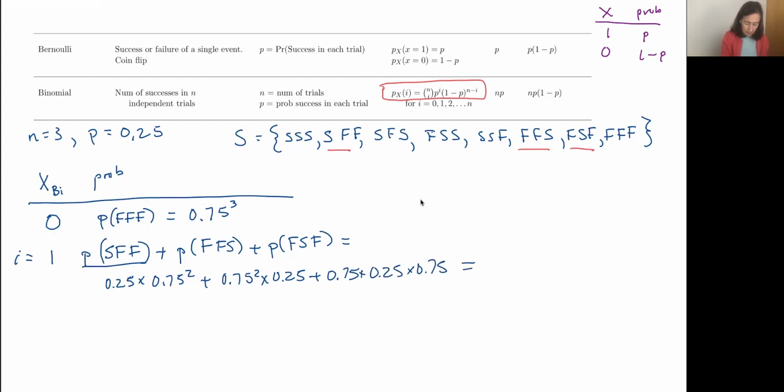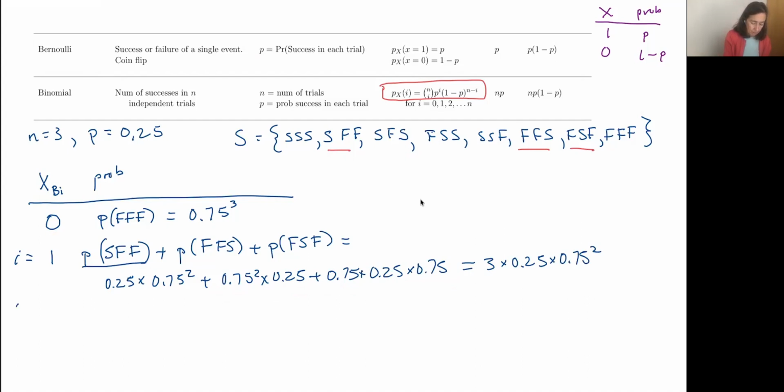Look what we've got here: really the same number, just with the factors written in different orders each time. So it's 3 times 0.25 times 0.75 squared.